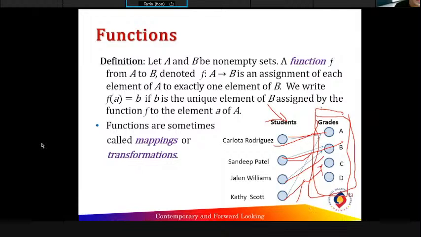On this side, which is set A, only one arrow goes out from every element or every member. B doesn't have an arrow going out. B only receives whatever A is giving it, and it can have more than one.